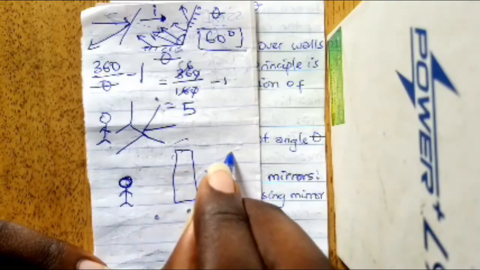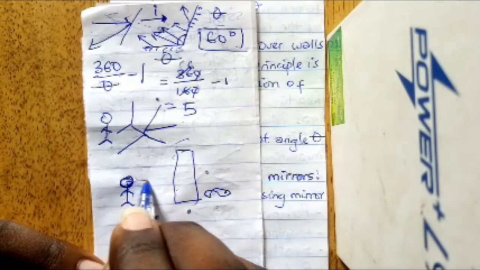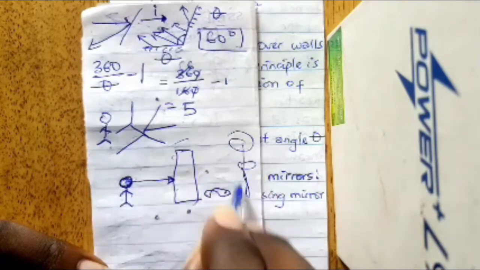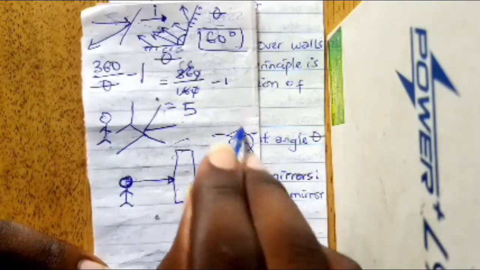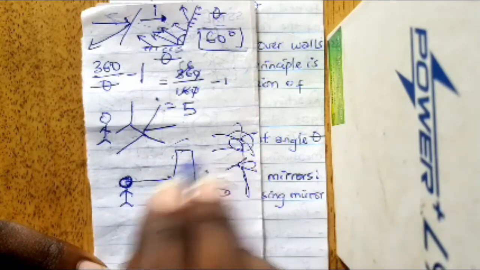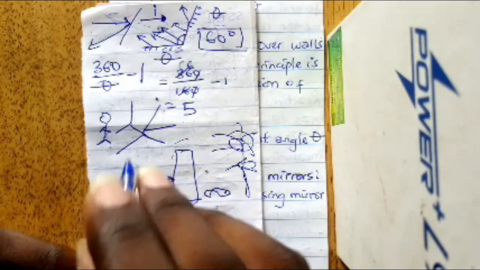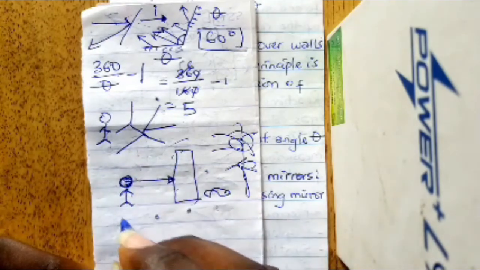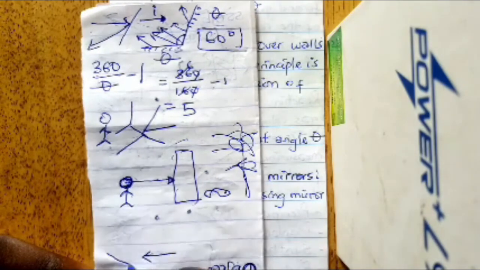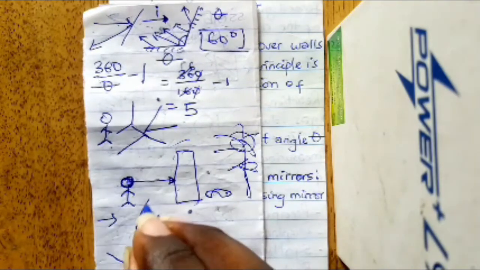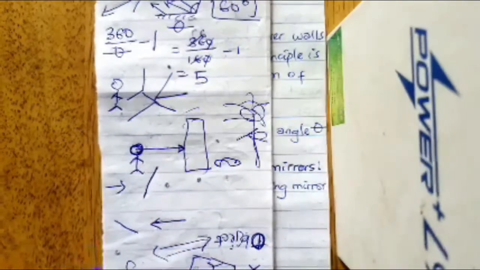Because this is the line of vision of the man, a tree standing here, this is a tree, the man can't see this tree because of the height difference. Now a periscope comprises two mirrors which are inclined at an angle to themselves.